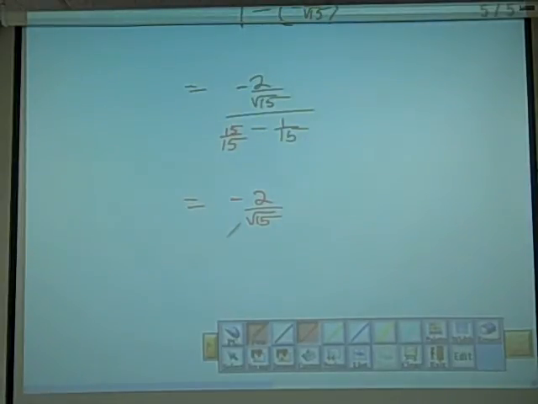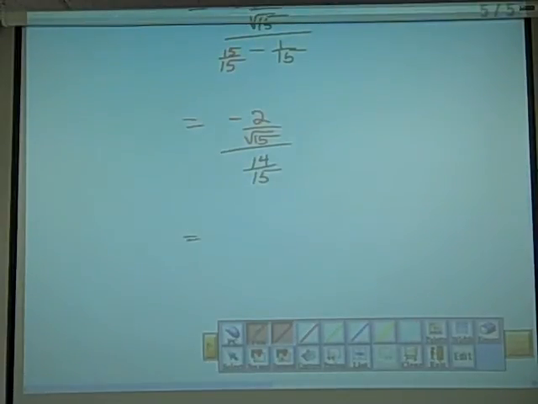And we also have, in the denominator, 15 minus 1, that'll be 14 over 15. Okay, so from here, we can go ahead and flip and multiply. I'm just going to go ahead and do this over here. So this would be negative 2 over square root 15 times 15 over 14.